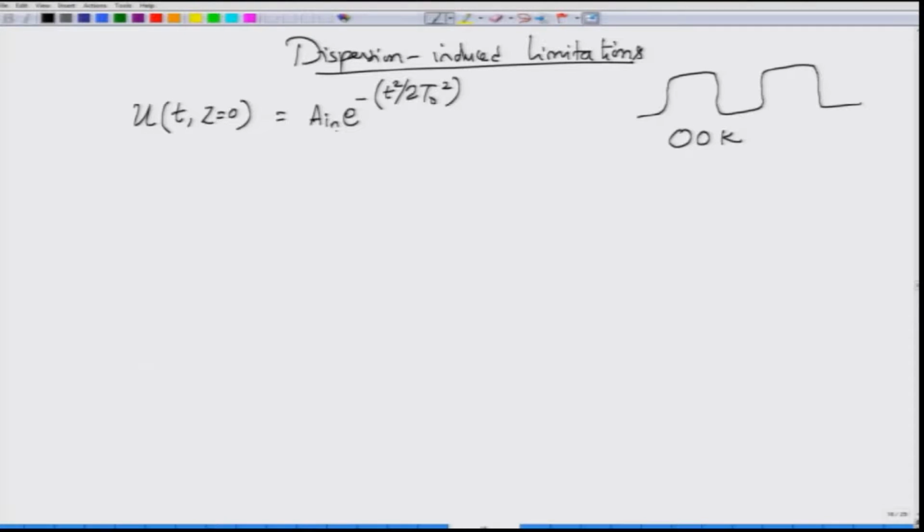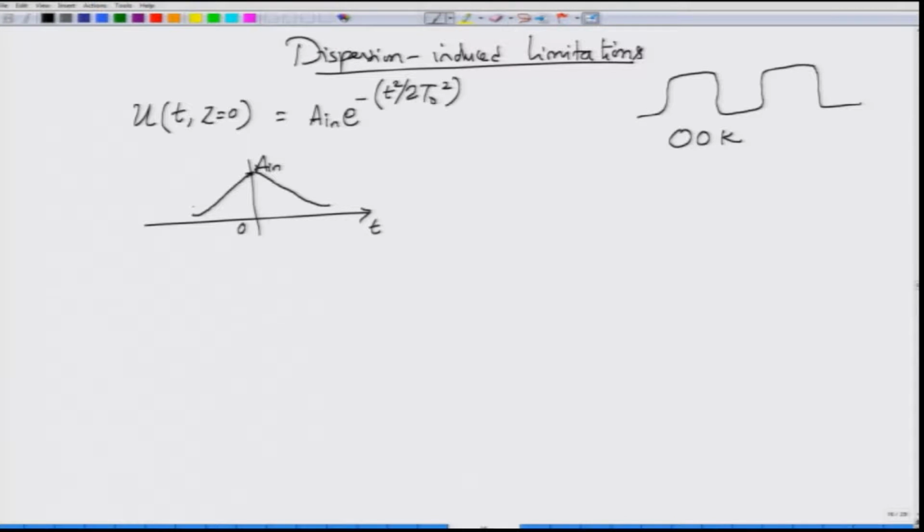There is some amplitude to this electric field, which you can write as A in. This is inconsequential because we are assuming no loss of amplitude in the system, but more importantly, you actually have the initial pulse width given by T0. So, if you sketch this as a function of time, you will see that at time t equal to 0 you have an amplitude of A in, and then you basically have this sort of a distribution.